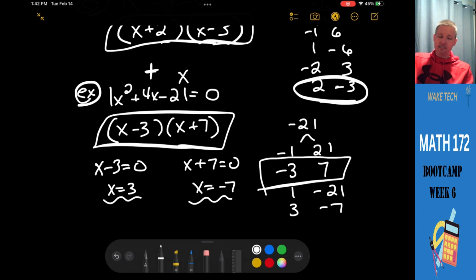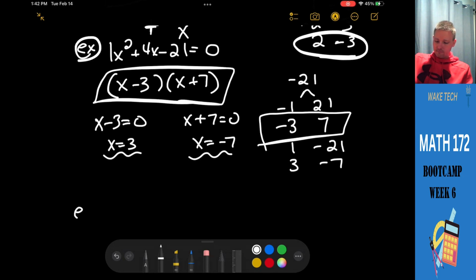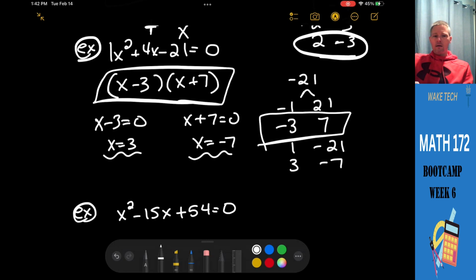My bigger focus is just factoring, period. But again, if you're solving an equation, you would take each factor once you get it and set those equal to 0. Questions about that second one?